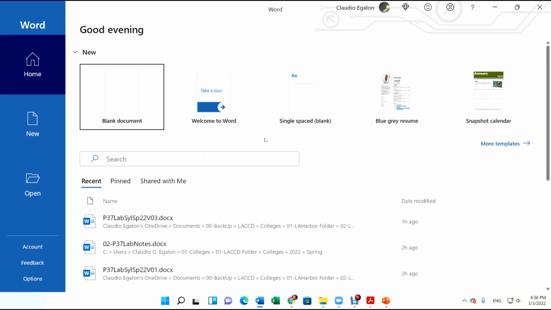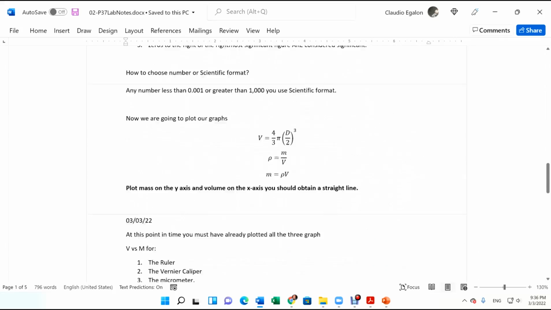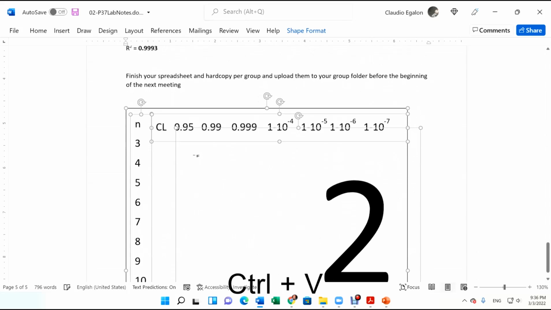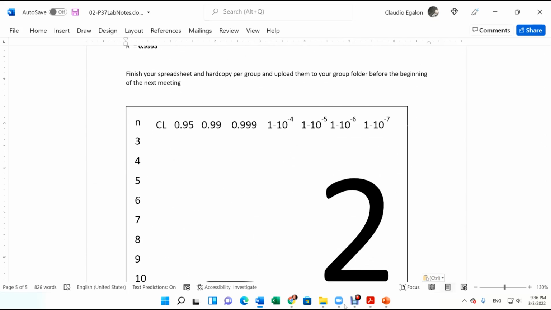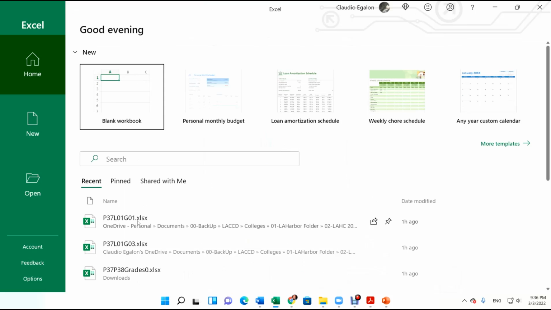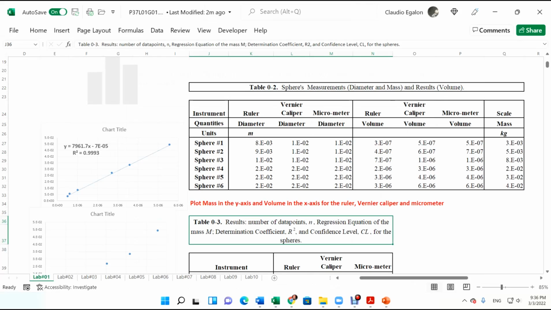Professor, for that regular equation, that's just your y equals mx plus or minus b here. You're talking about the regression equation, right? Let me share that with you.